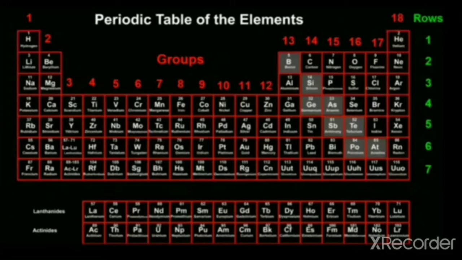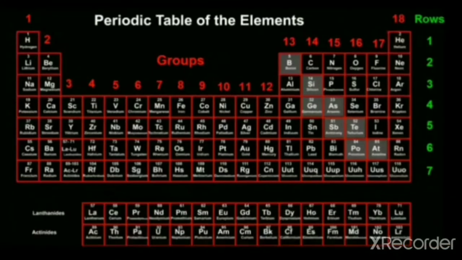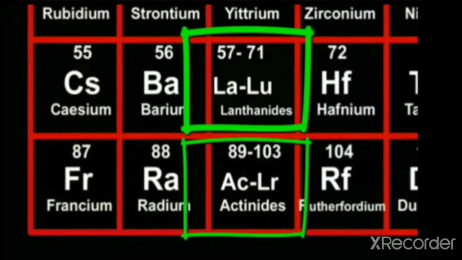Now you'll be thinking why I have not included this part in my numbering of rows and columns, that is periods and groups. Because in the modern periodic table, after lanthanum, the highlighted part is taken separately, as in that part the filling of the f orbital is taking place.